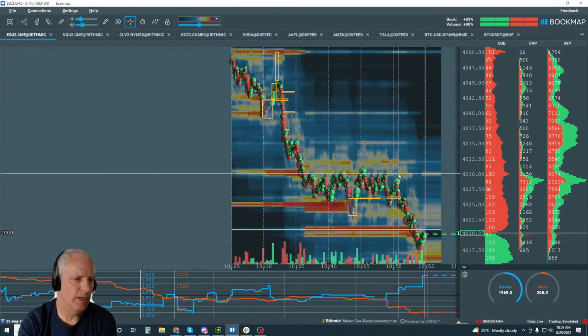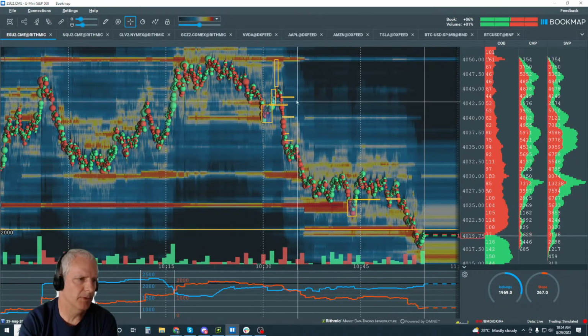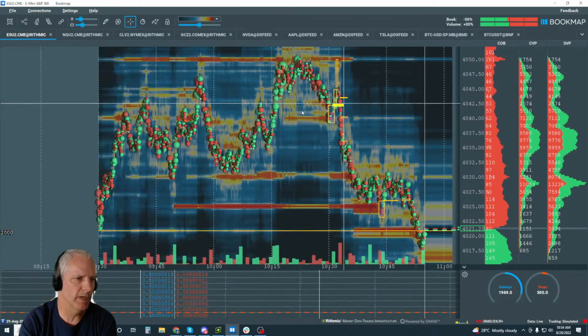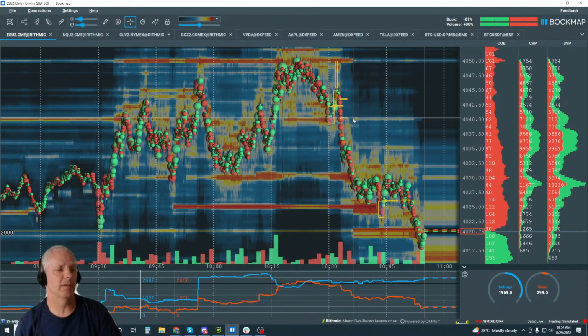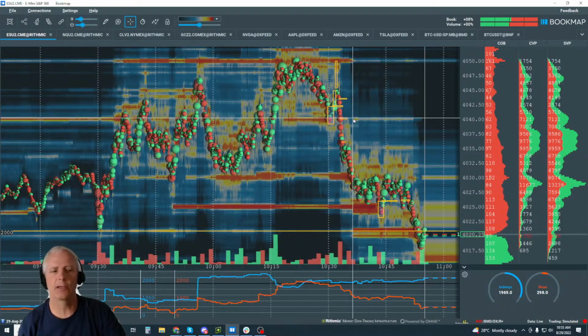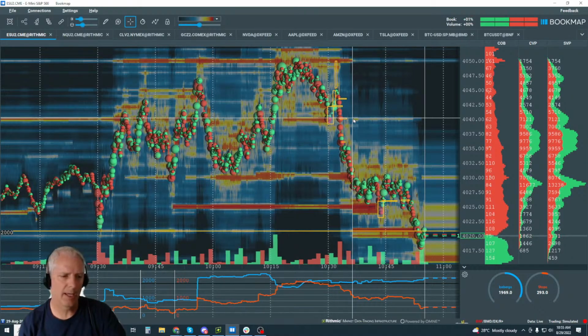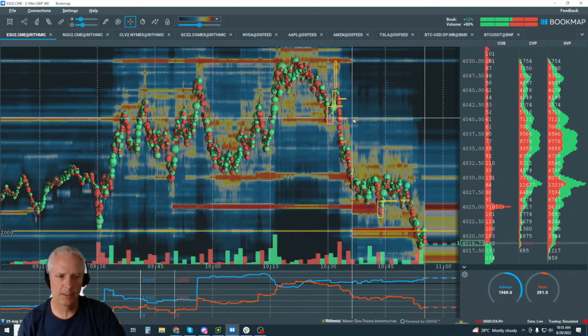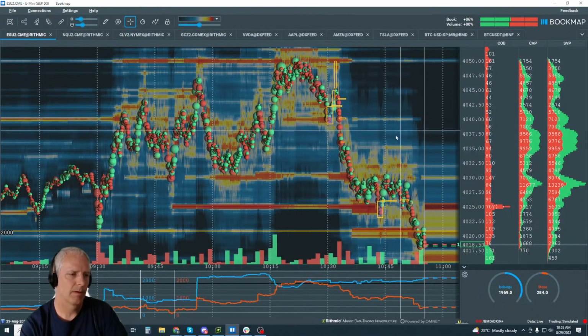But one of the things to really understand, and we've covered it many times, and I want to continue to cover it, in fact, I would like to get in the habit of jumping in here every day and looking at who's in control from key levels, and we look for them to remain in control until they're not.